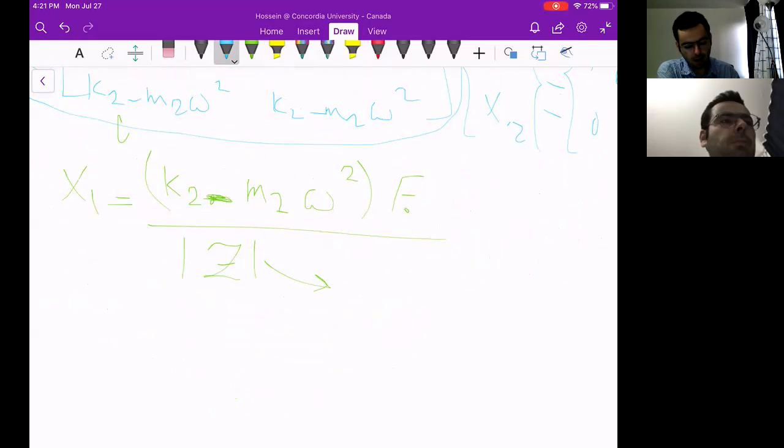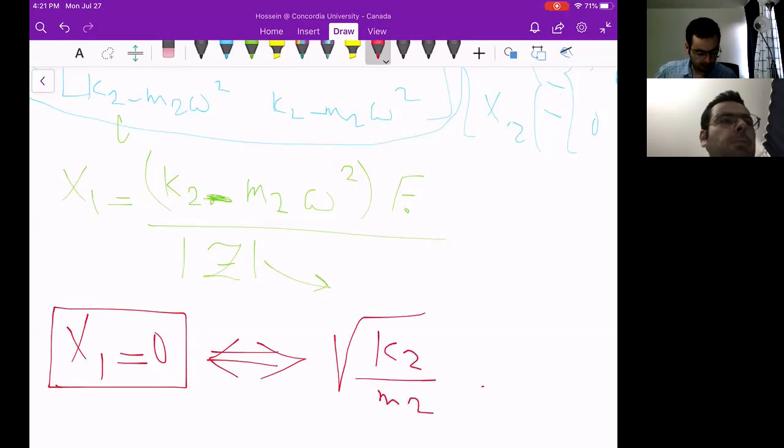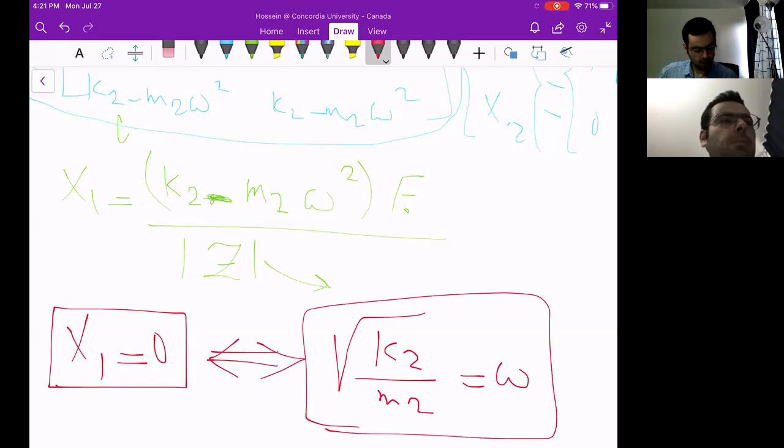So if you take a look at the denominator, how could we make x1 0, how could we reduce the amplitude of vibration of the main mass? All you have to do is add M2 and K2 in a way that the square root of K2 over M2 is equal to the excitation frequency.